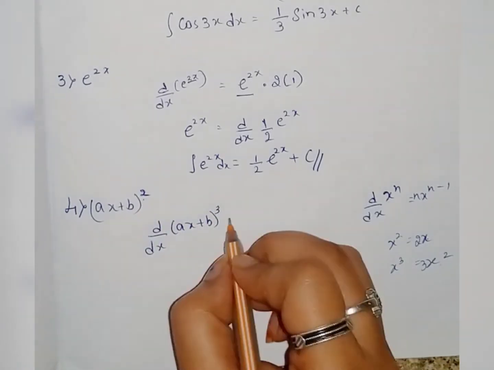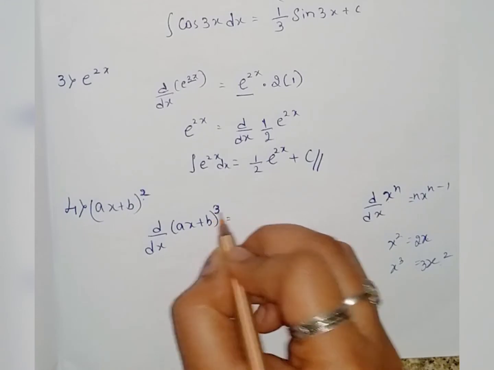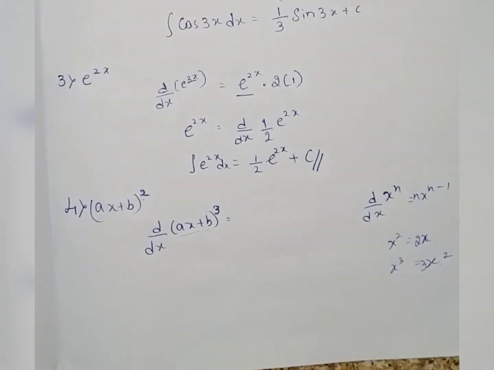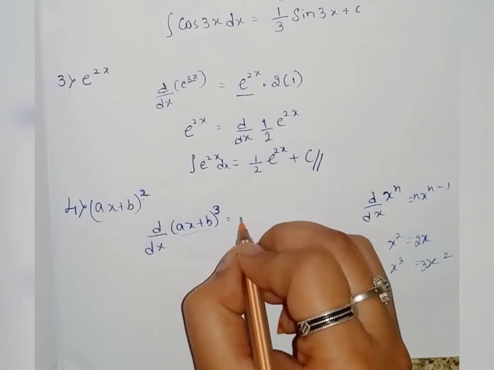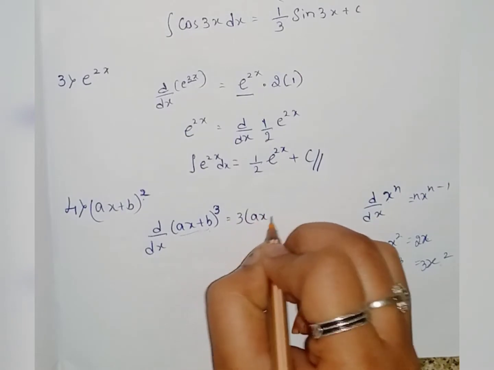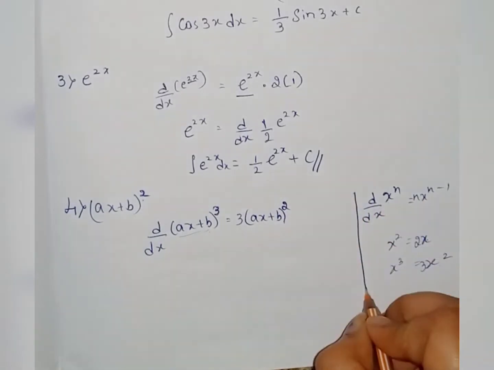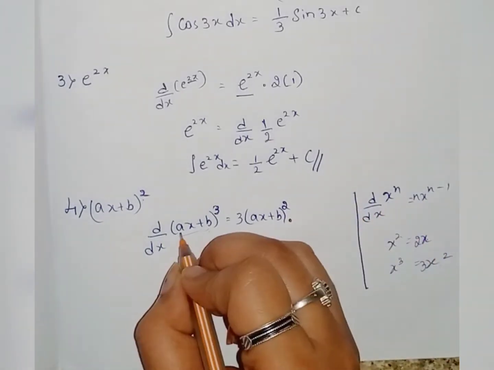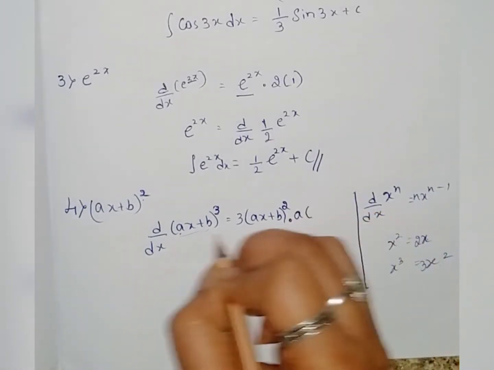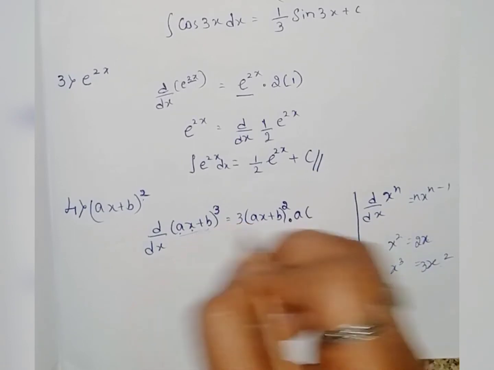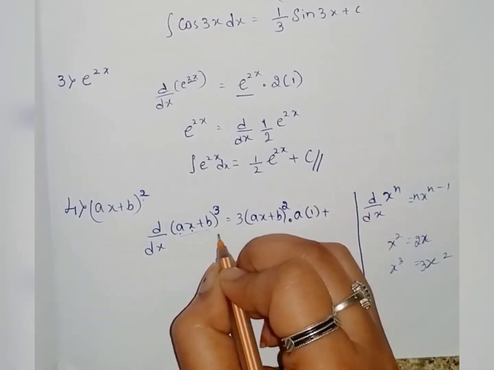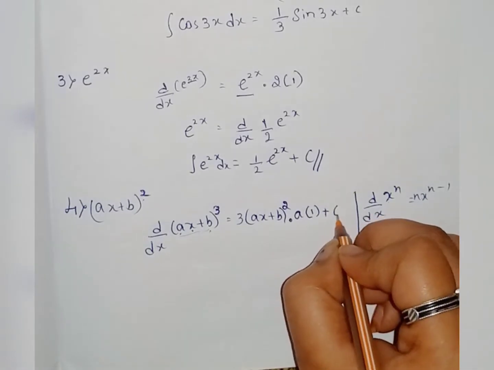Now if we differentiate, first the power and then the function, according to the chain rule, we get 3 into ax plus b the whole square, 3 minus 1 is 2, into a, where differentiation of ax is a and differentiation of a constant is 0.